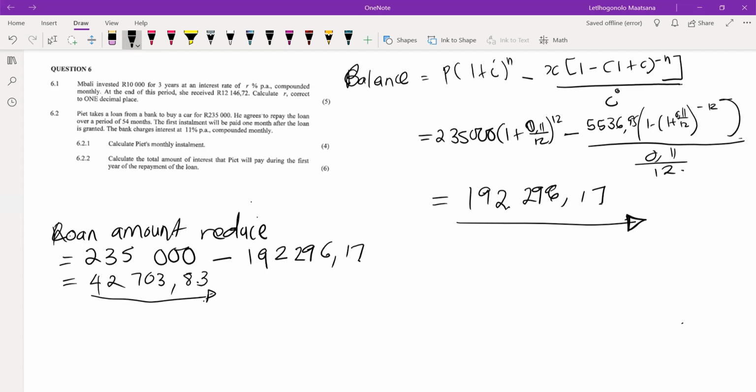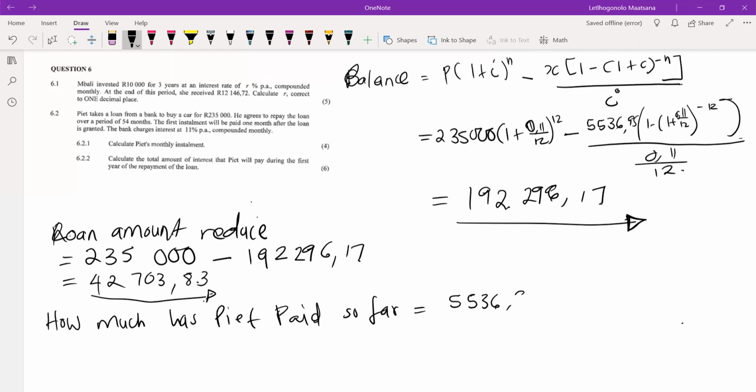Now we want to know, okay, that's how it reduced, but how much have I paid so far, right? So within that year, how much has the person paid? So far, Pete has made 12 payments, so that's going to be 5,536.95.